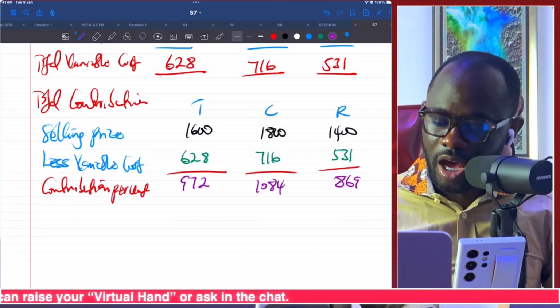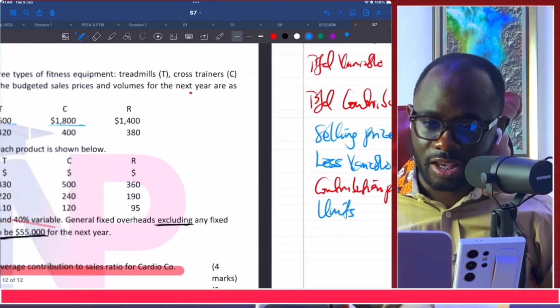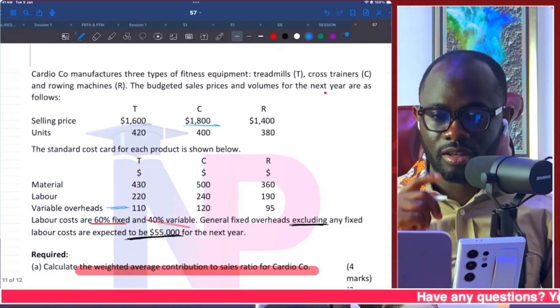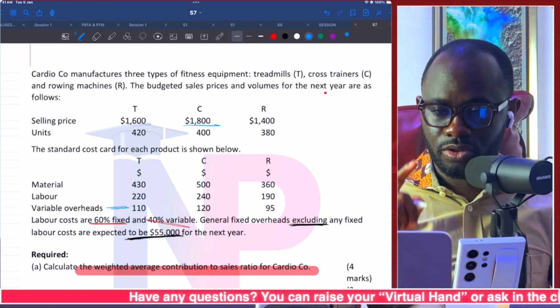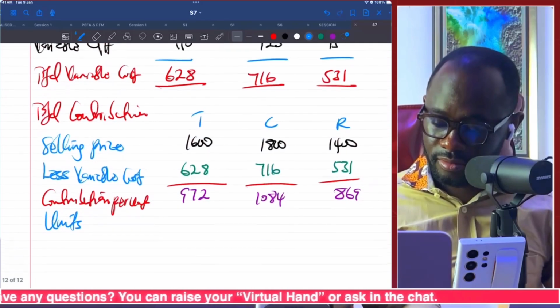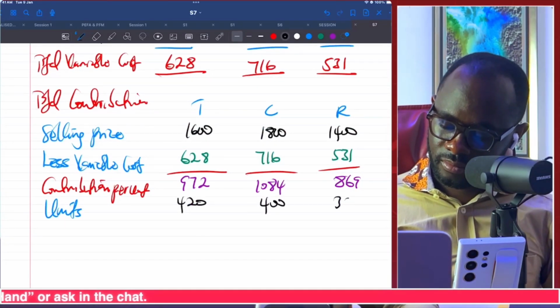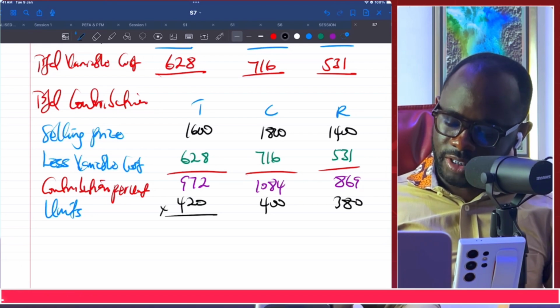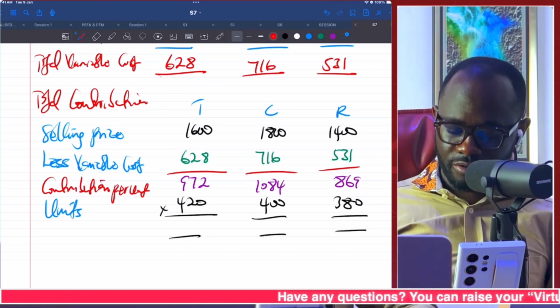So we now bring in the units as given in the question respectively, 420, 400, 380. And then we multiply these up respectively to give us the contribution.